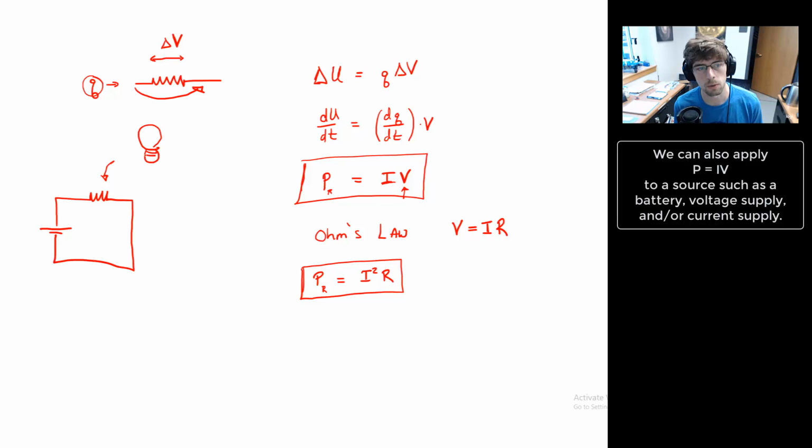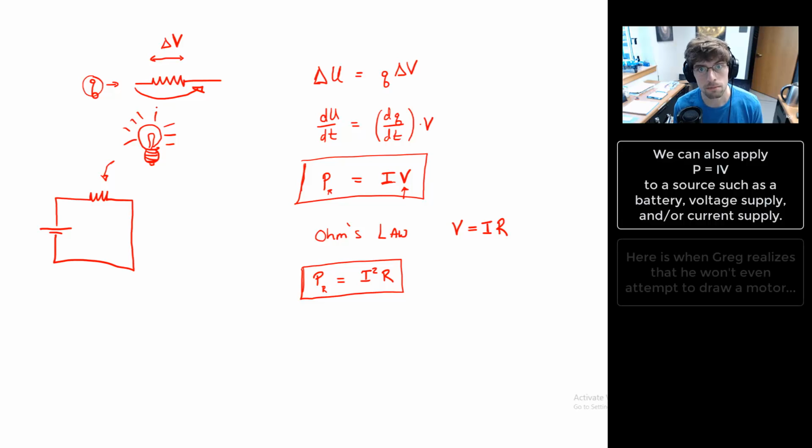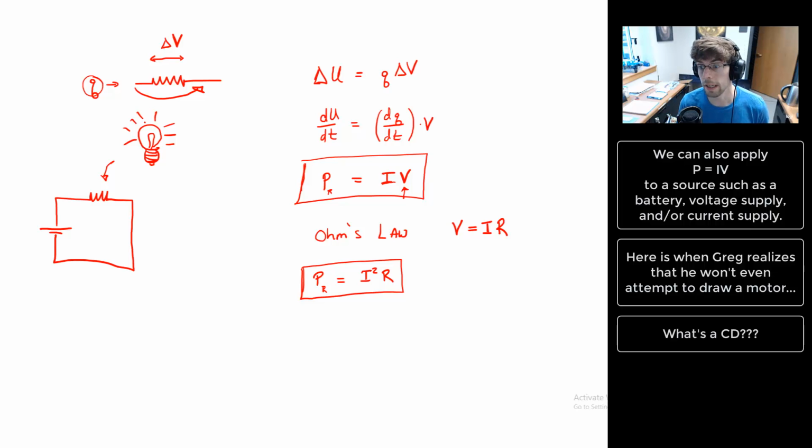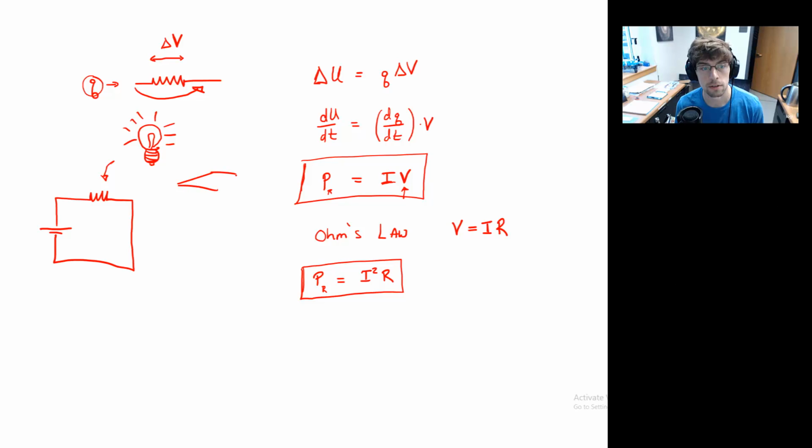That is the world's worst light bulb. But physically, it could be something like the light bulb. Or maybe it's something like, I don't know, a motor. So it could be a motor to spin a CD. Or maybe it's something like a touch screen on your phone.